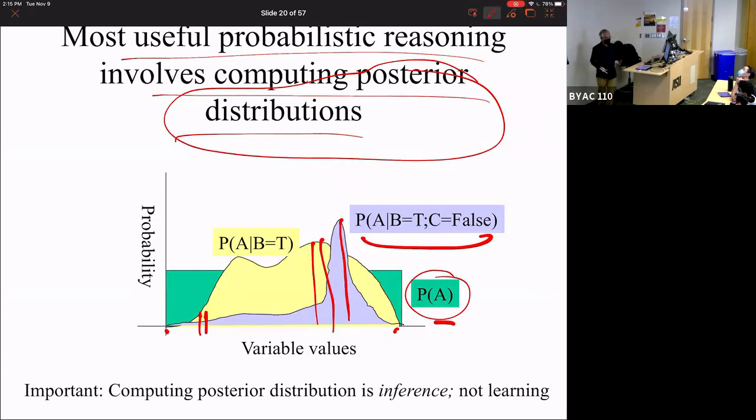If you're a doctor and A is the disease, you're trying to decide whether the disease status is true or false or some number in between. How many tests are you supposed to do on the patient? Upfront, since it can be either true or false with equal likelihood, you probably need to do some tests. After the first test, you got this yellow distribution.